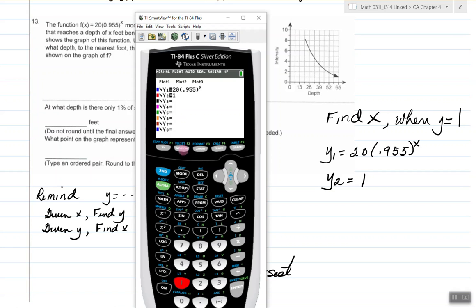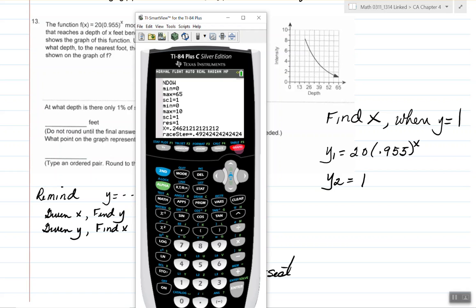All right, window. Certainly want to change this. The x's went from 0 to 65. So 0 to 65. And the y's are from 0 to 10.